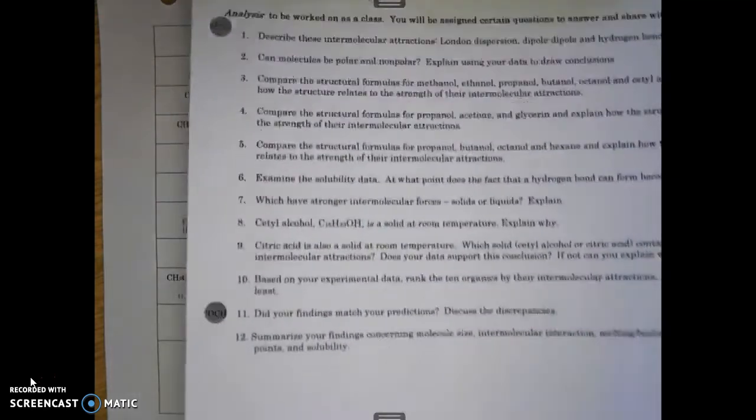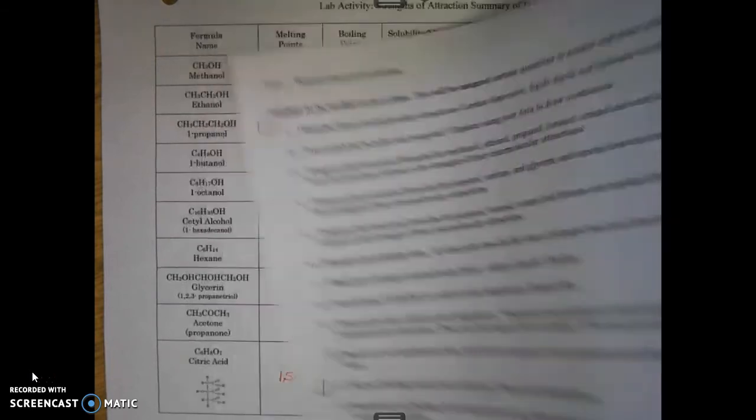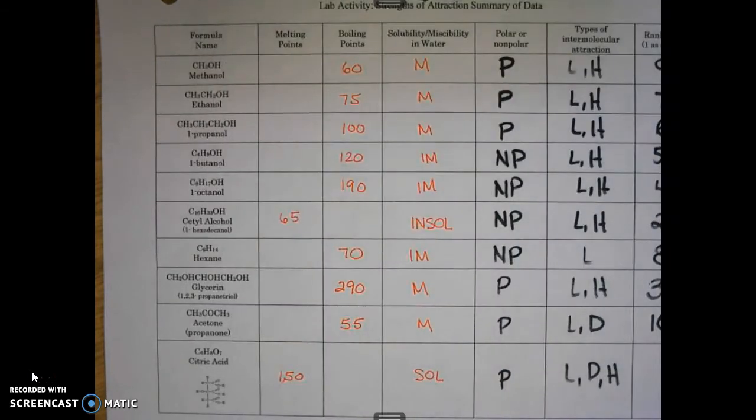Moving on to question number 8. We are now looking at the various molecules that are solids. So cetyl alcohol is a solid at room temperature. Explain why. Cetyl alcohol is an alcohol. So why isn't it a liquid like the rest of the liquids that we looked at, the rest of the alcohols? Well, cetyl alcohol has 16 carbons as opposed to just 8 for octanol.